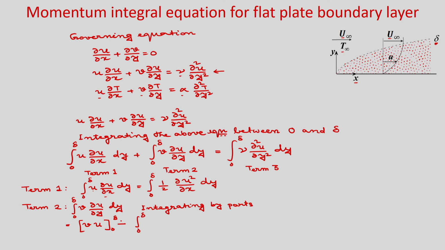Now this is the first term, so it will become del v by del y and this will get u into dy.